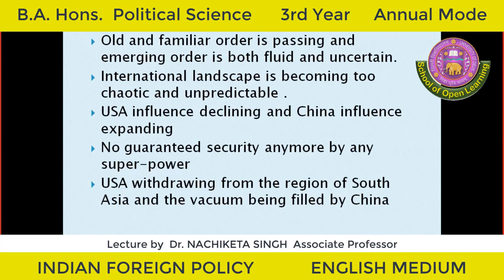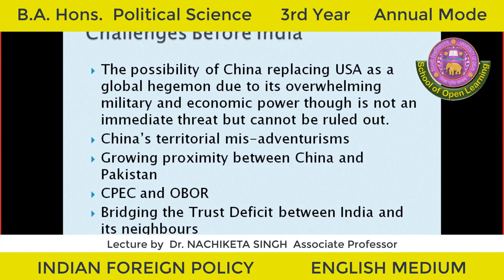Then we have seen how we were confronted with a belligerent China over a period of time in the early 21st century, and then we have a constant pain in the neck in the neighborhood called Pakistan, and it became all the more dangerous when Pakistan also became a nuclear state, following our nuclear program and nuclear blast.